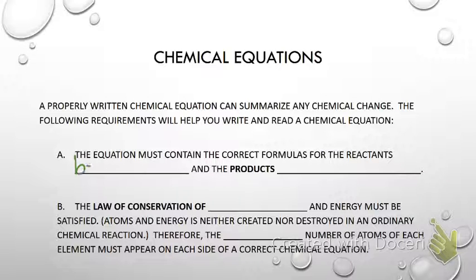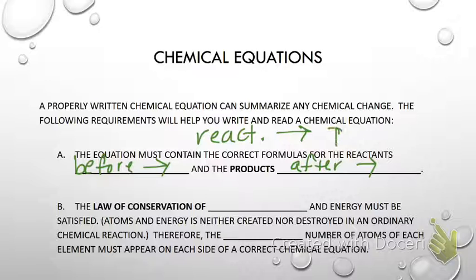Yeah, before the arrow. So the products are after the arrow. So when I am looking at a reaction, it's reactants, I'm going to abbreviate, goes to products. I know that seems fairly basic, but there have been times when people get them confused. So I'm just going to clarify that right now.